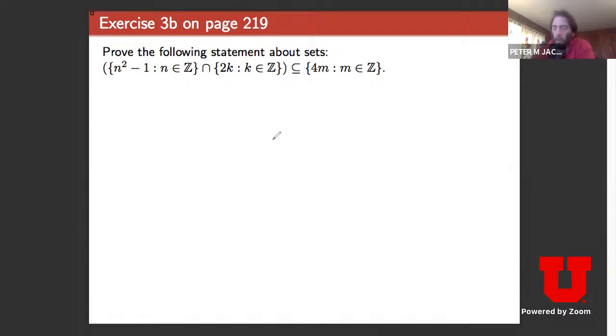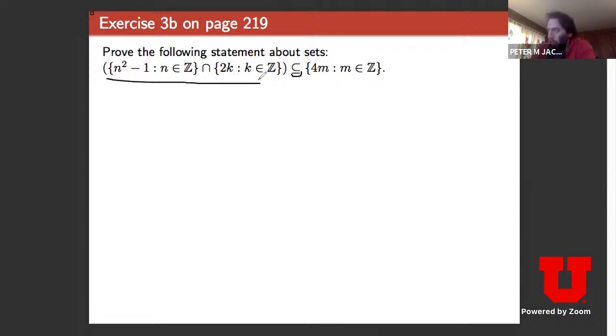All right, so we have another one of these subset inequality, subset. We're trying to show that one set is contained in another set. So we're going to follow the same general strategy that we did on the last problem where we tried to show that one set was contained in another set.